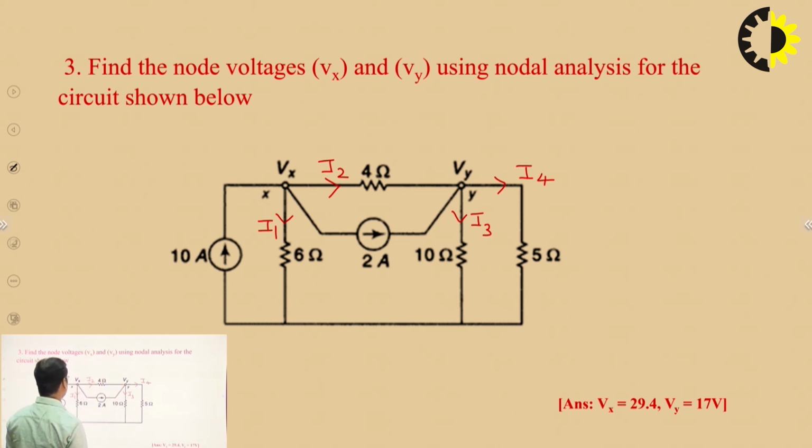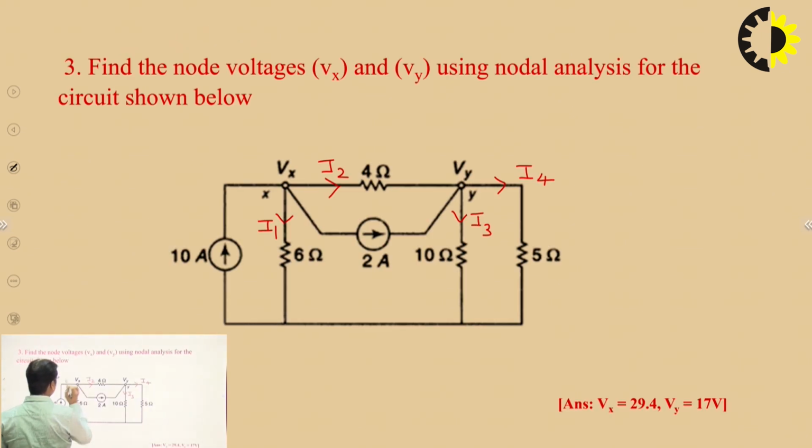So next is to write the node equations. At node X, I1 and I2 are the outgoing currents and this is the incoming current.